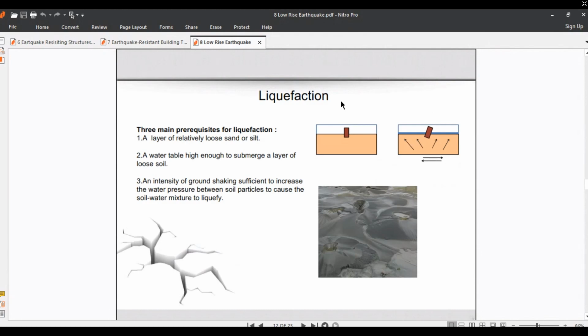And another main prerequisite for liquefaction is an intensity of ground shaking sufficient to increase the water pressure between soil particles to cause the soil-water mixture to liquefy. If we have these three main prerequisites, liquefaction can occur after an earthquake and cause destruction in the buildings and structures.